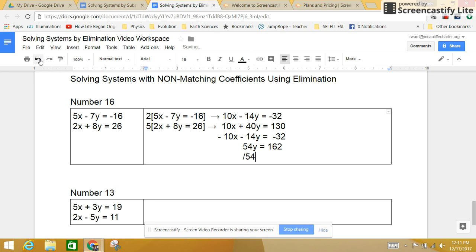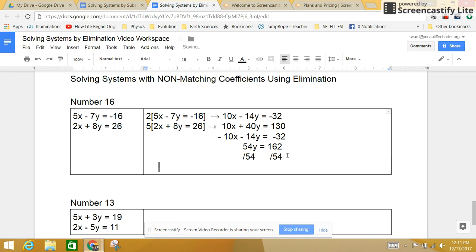Well, 50 times 3 would get me 150, so I think dividing 162 by 54 will probably get me 3. So I can test that out. 3 times 4 is 12, and 3 times 50 is 150. 150 plus 12 is 162. So I am left with an answer for y equals 3, because 162 divided by 54 is 3.